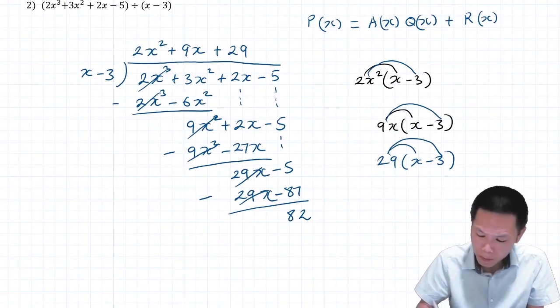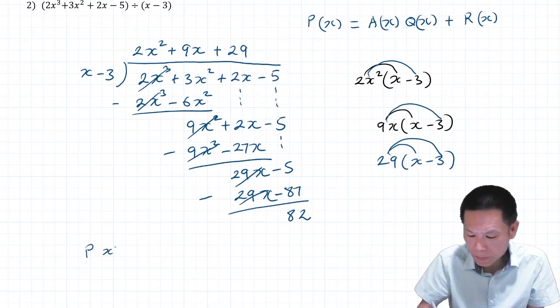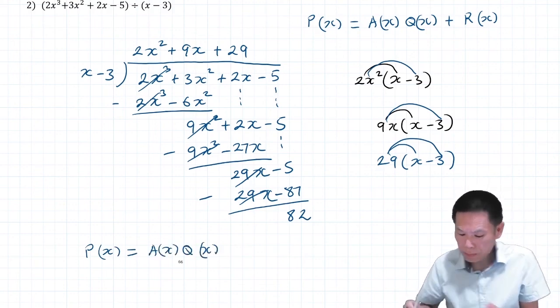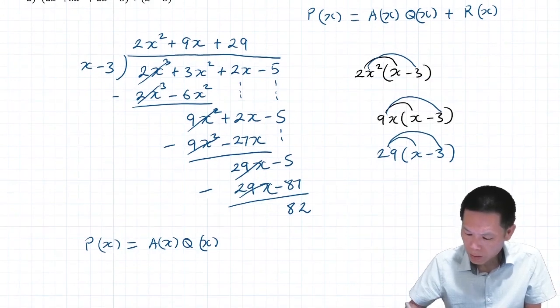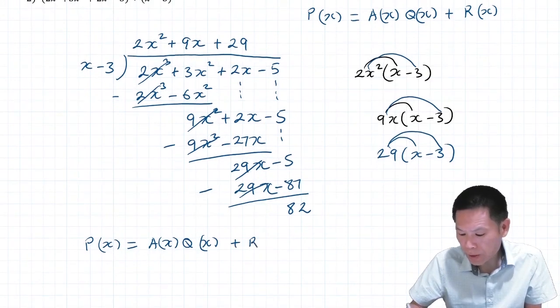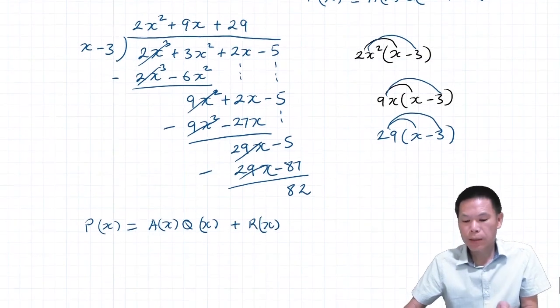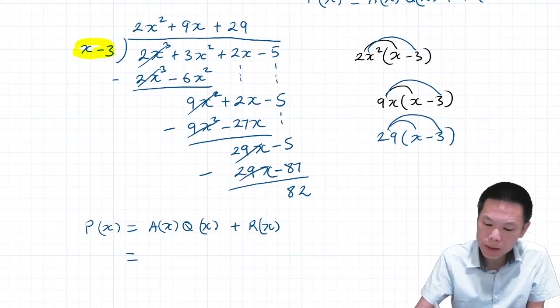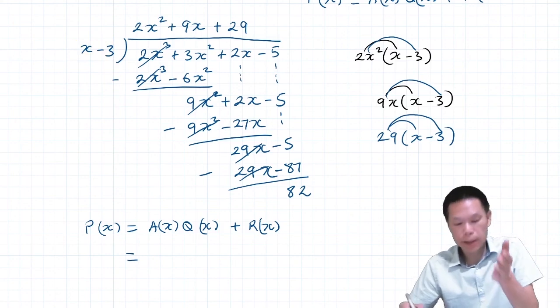So therefore, P(x) is equal to A(x) times Q(x) plus R(x). But then A(x) is x minus 3, that is the divisor.